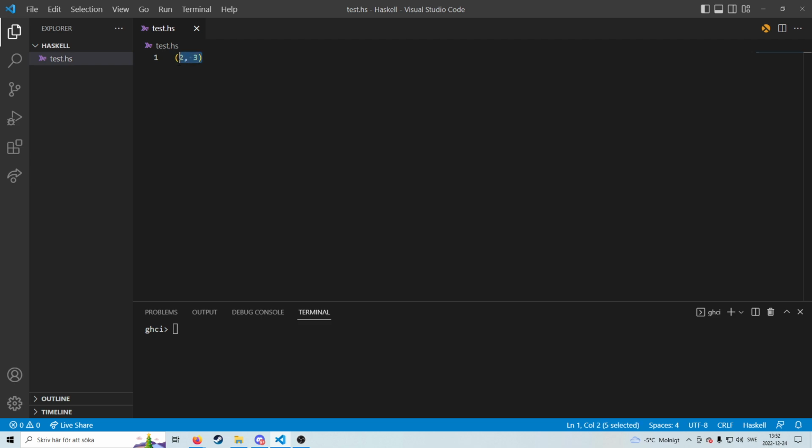Let's say that we wanted to make 2 functions: one that was add fraction, and then also multiply fraction.